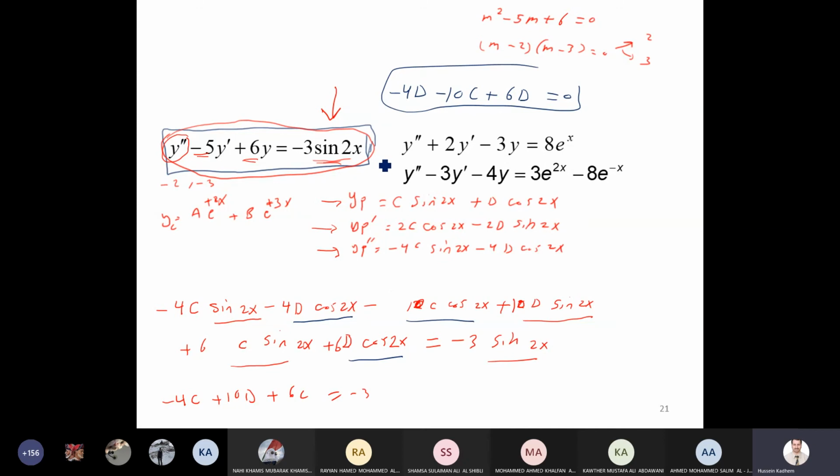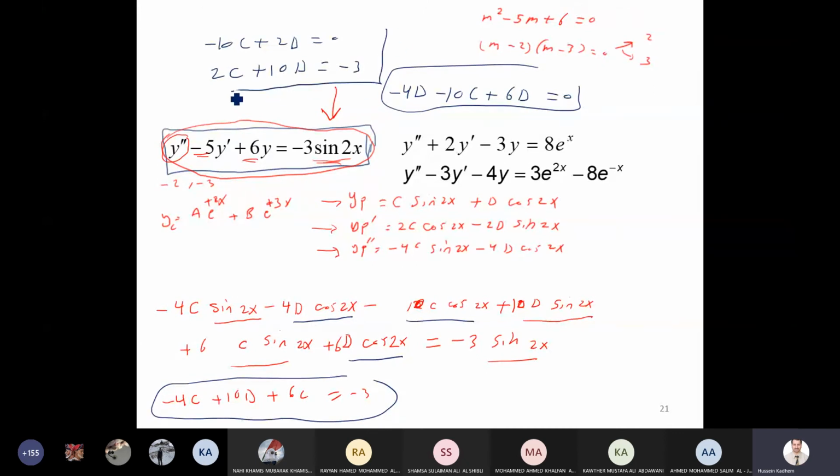Here 6d minus 4d gives 2d, so minus 10c plus 2d equals 0. And minus 4c plus 6c gives 2c, so 2c plus 10d equals minus 3. These are two equations we will solve to find c and d.